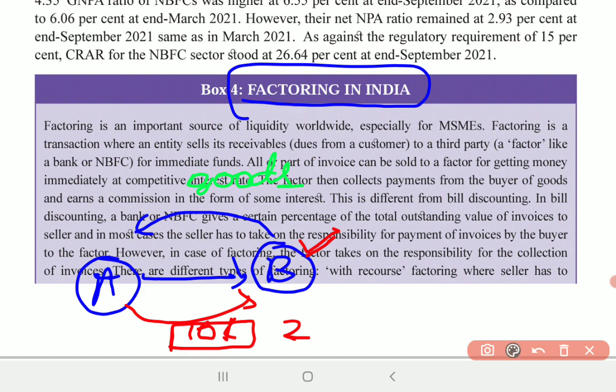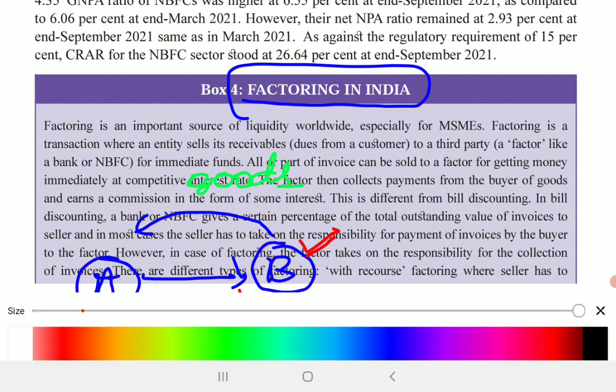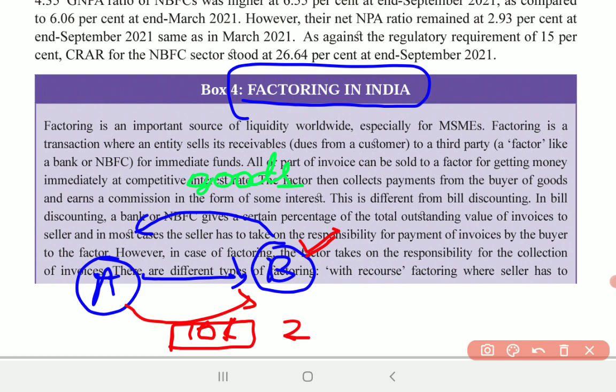Suppose there is an urgent need for B, he will go to a bank. Here comes the concept of discounting of bills. B goes to the bank and gives the bank this bill and requests money.